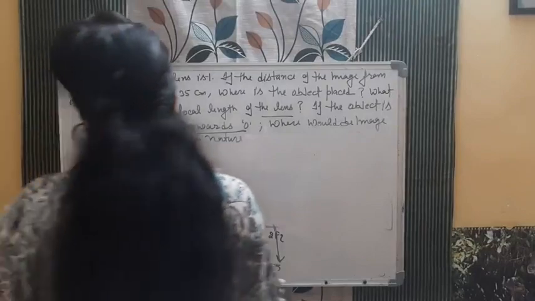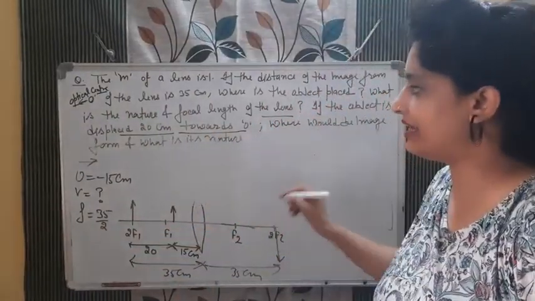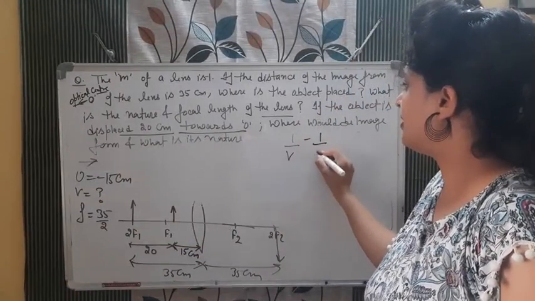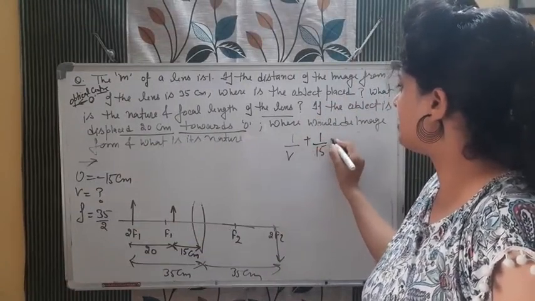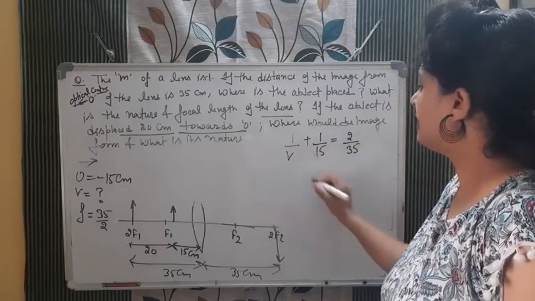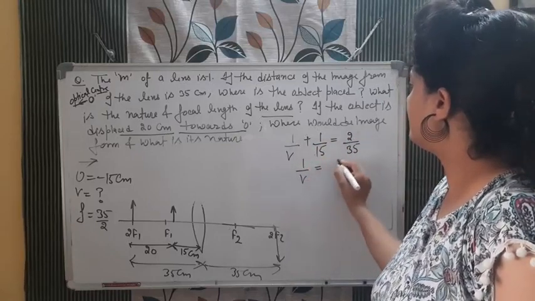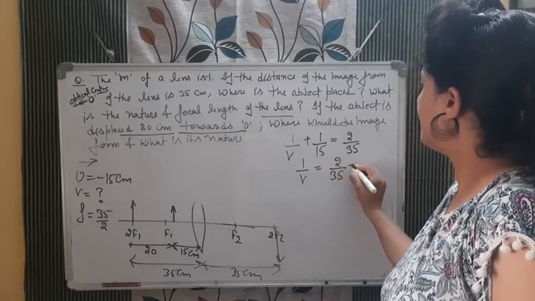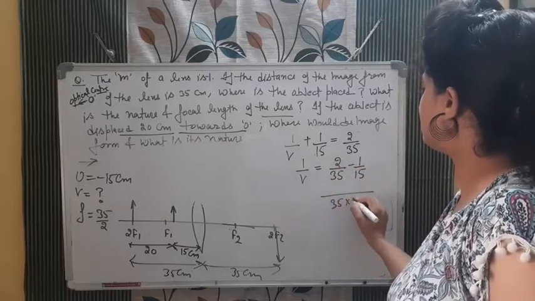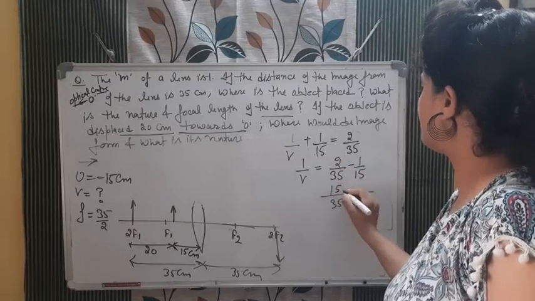Look, u is given, f we already calculated, and we need to find v. Apply the lens formula: 1/v minus 1/u, so with u = -15, minus minus becomes plus, equal to 1/f. So it will be 2/35. We need to calculate 1/v: 2/35 minus 1/15. What will we do? We need to take the LCM of 35 and 15, which is 105.